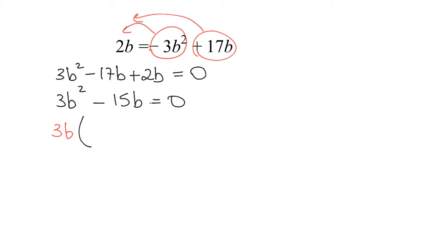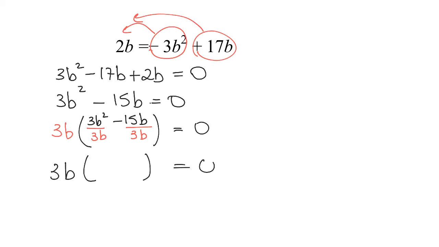We then make a big bracket, still equal to 0. Inside the bracket, I'm going to recopy the expression, 3b squared minus 15b, and each of those terms is going to get divided out by my common factor of 3b. And now we're ready to perform that division.